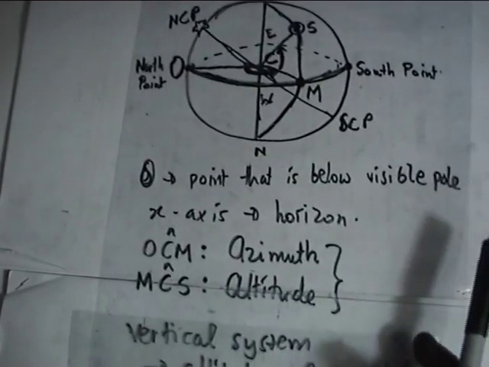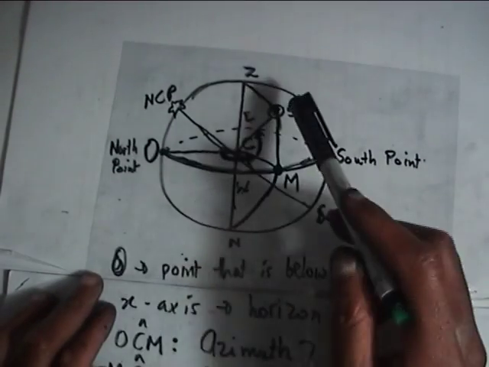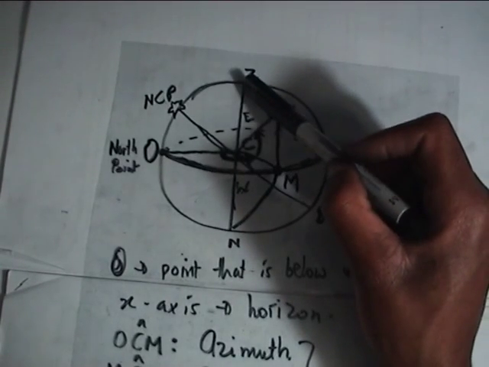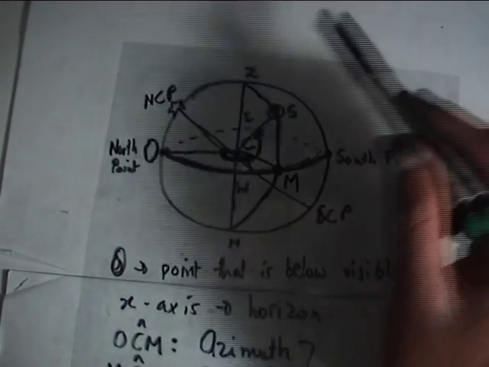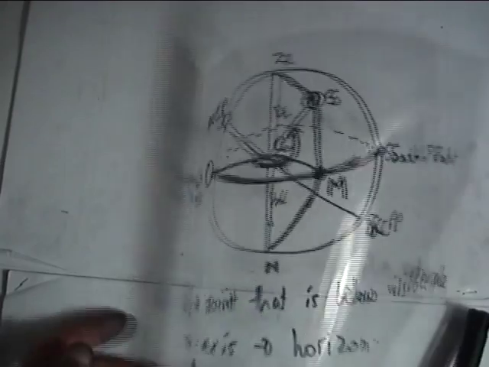Let's just do a few examples. Can you see the azimuth of the zenith? Let me start with the poles. At least if you start with the poles, maybe you'll be in a position to understand.